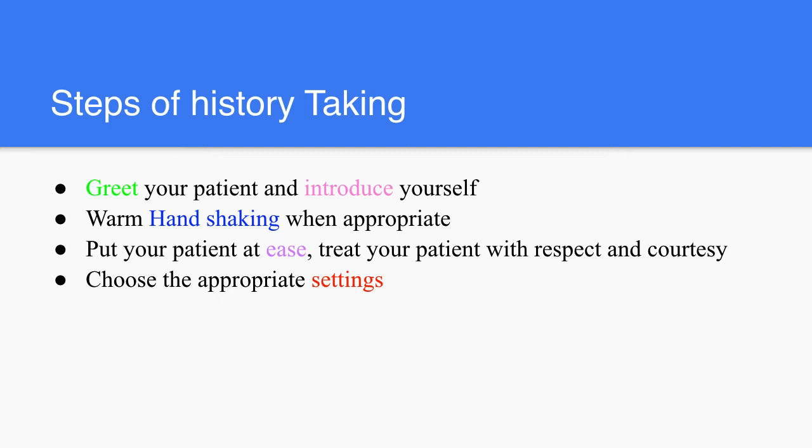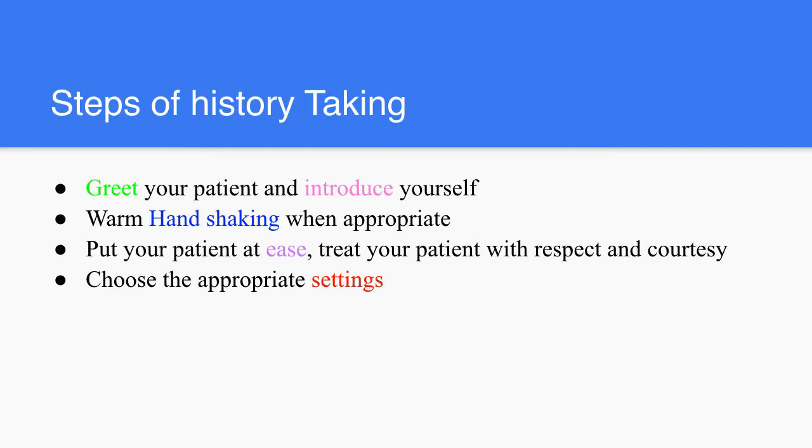And then a warm handshake would put the patient at ease, and he would feel very comfortable to tell you about his very private history. So what about putting the patient at ease? You make sure that your patient is comfortable, whether he's sitting on a chair like in the outpatient settings, or if he's comfortable on his bed in the accident and emergency department.